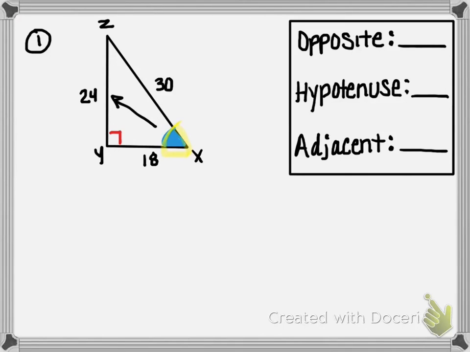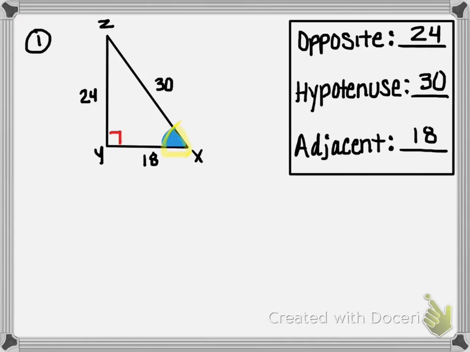So where it says opposite in your box, you're going to write the number 24 because that's your opposite. Again, I'm just going to go ahead and erase that. The next one is the hypotenuse. Hypotenuse is your longest side, we said. So the longest side of this triangle is 30. And that means that the adjacent side has to be the last side that we didn't use yet, which is 18. And that's it. That's all you're doing, guys, for every single question today.